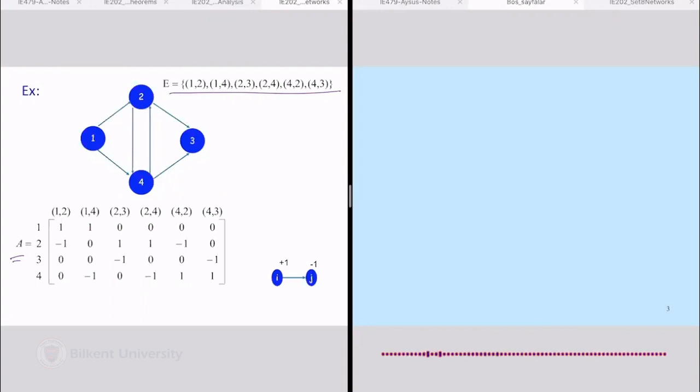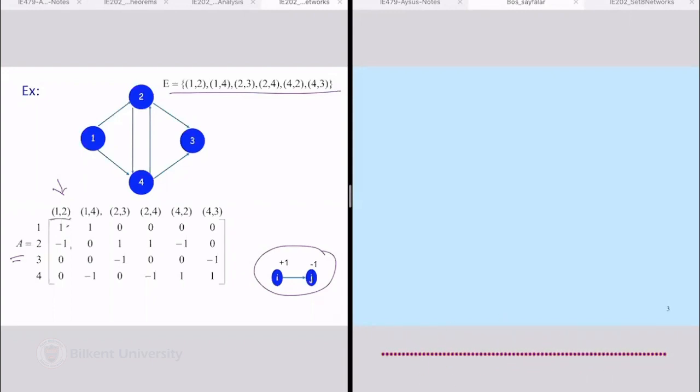I told you this is the structure, right? So that means for the column corresponding to arc 1, 2, the head will get a -1 and the tail will get a +1. The head is 2 in the arc 1, 2. So 2 gets a -1 and 1, which is the tail, will get a +1. As you see, arc 1, 2 from 1 to 2.